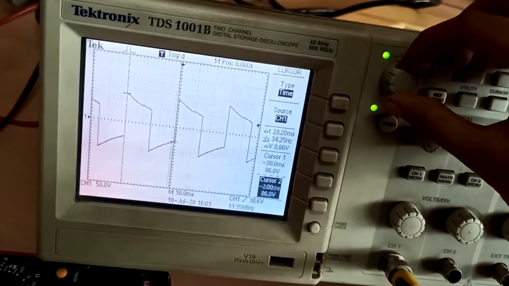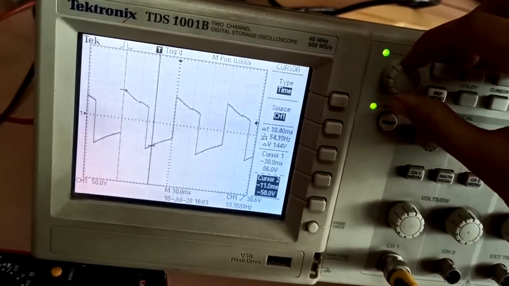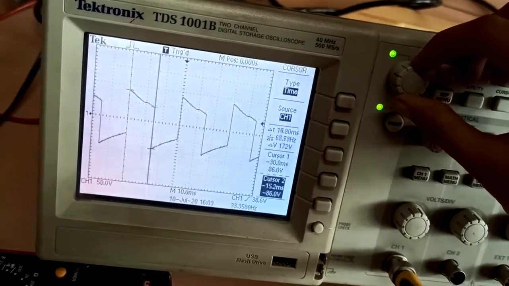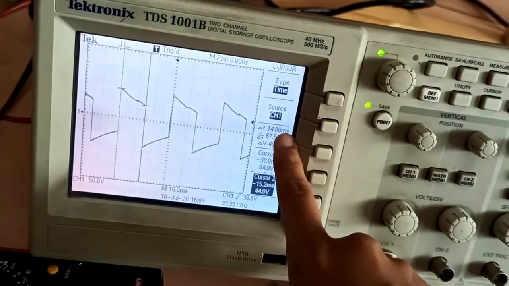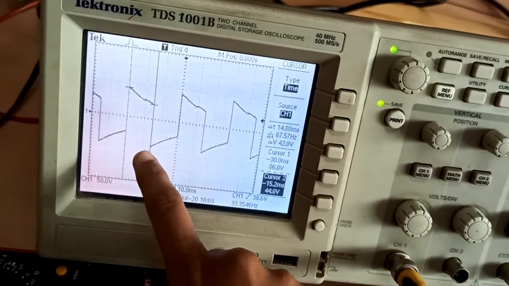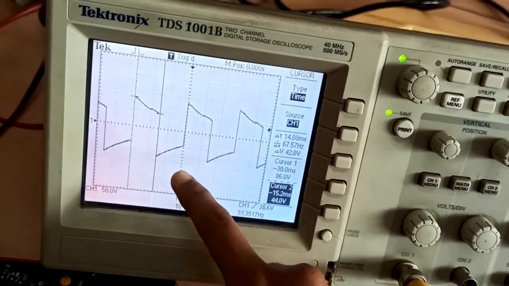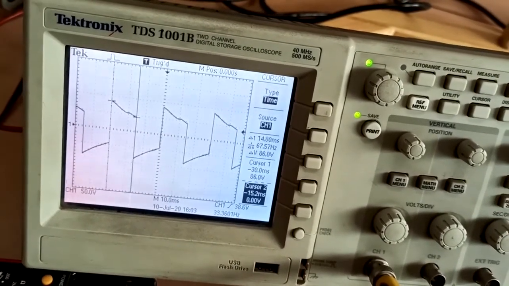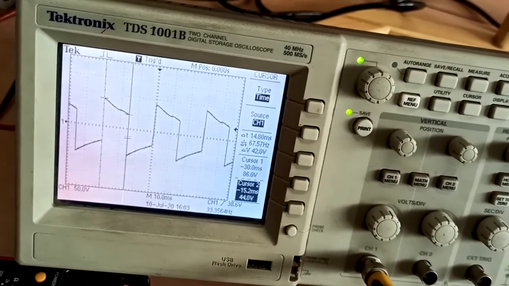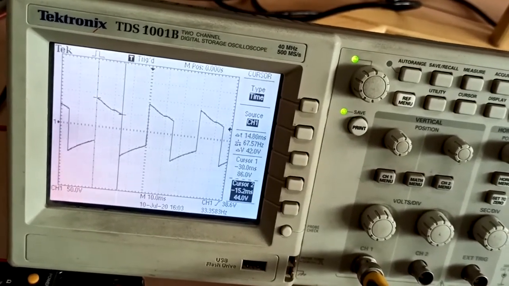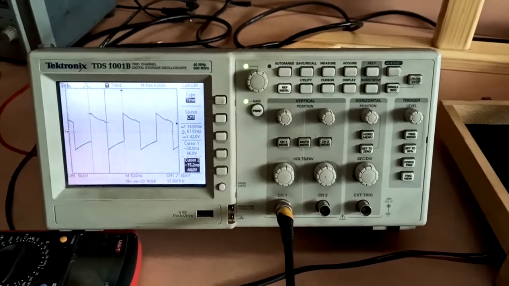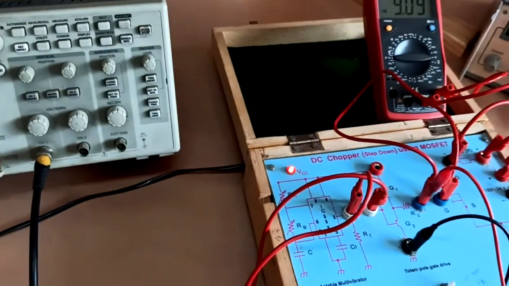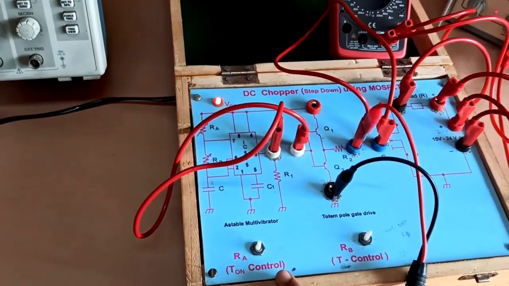Now we will move the cursor here and calculate the T on period, which is 14.80 millisecond. Can you see this? This is T on, this is T off, and this is the total T. Now we will calculate the duty cycle alpha by calculating the ratio of T on by T. Similarly, we will take more readings for T on and T by changing these knobs.